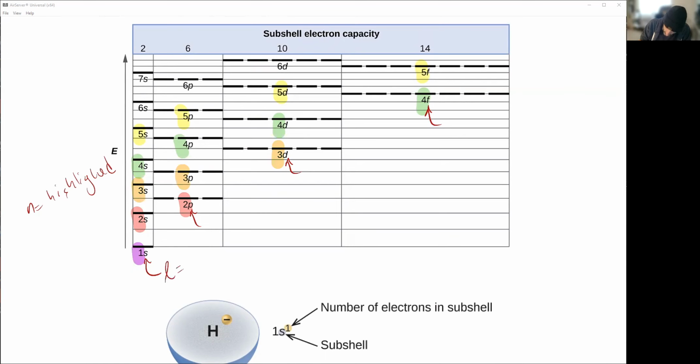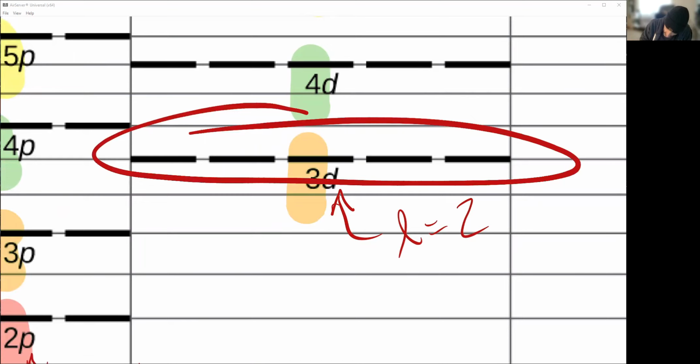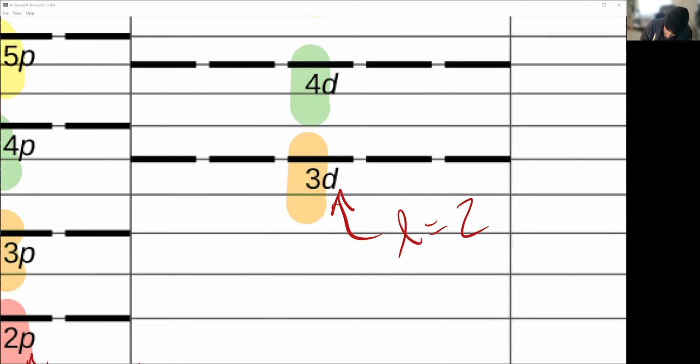L equals 0, L equals 1, L equals 2, and L equals 3. And then these individual orbitals here, actually, I guess I should say these individual orbitals here represent, do it this way.